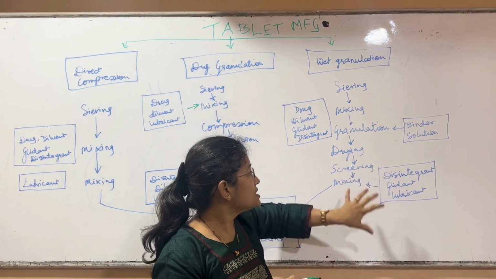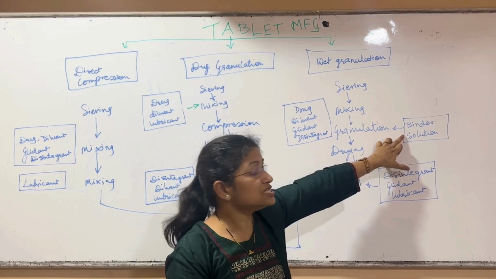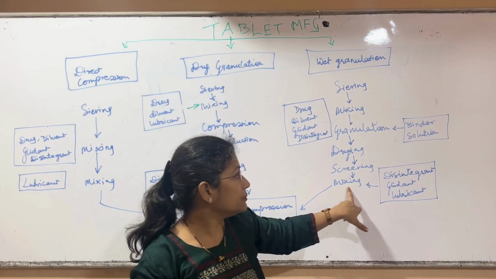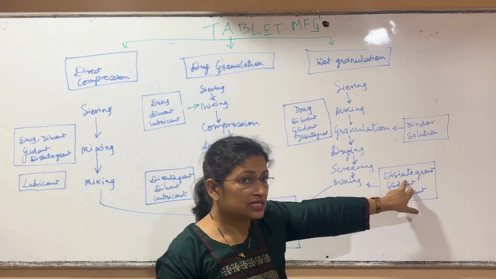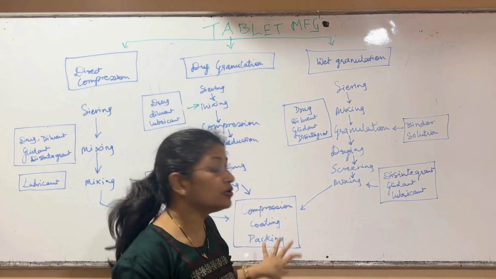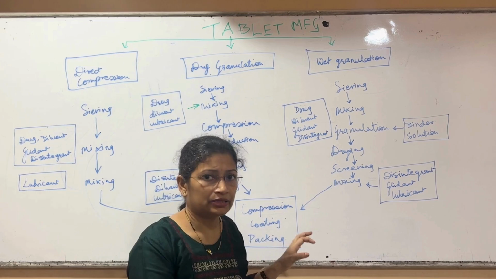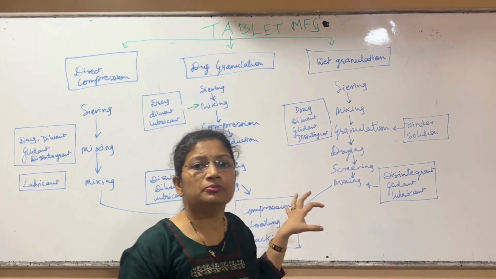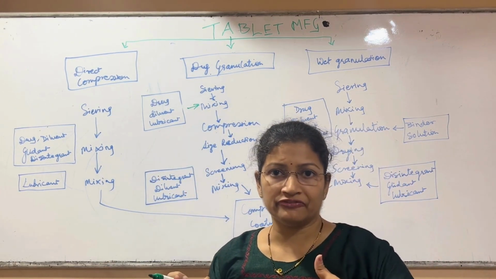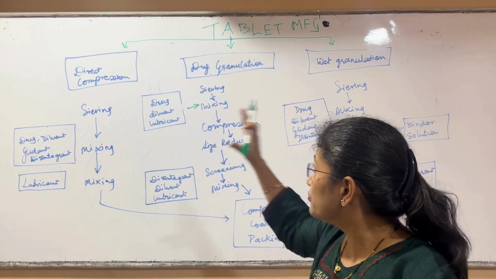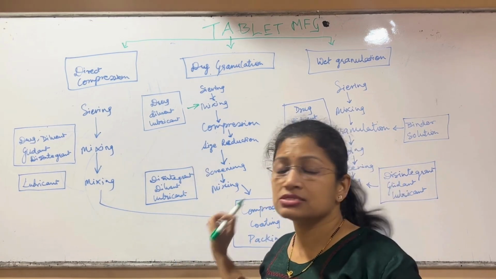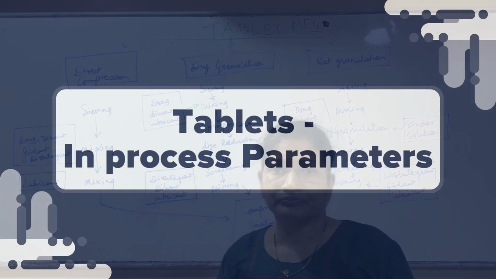Then drying, screening, since we are adding binder solution, we need to dry it. Screening, mixing, here we are mixing disintegrant, glidant and lubricant, and then we will go for compression, coating and packing. So this was a brief idea about how the tablets are manufactured. So these are the three processes and the sub processes included in it.